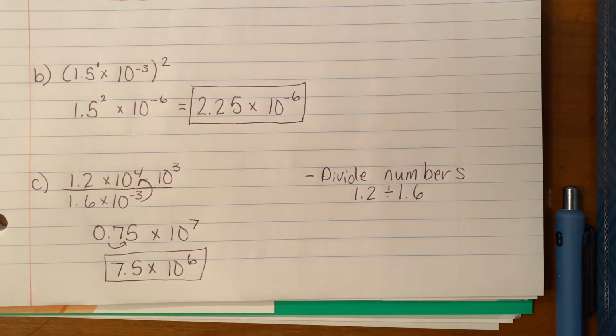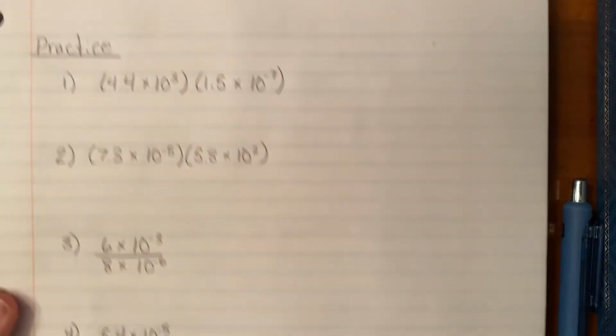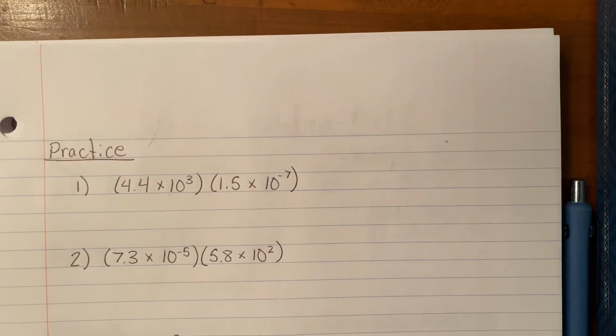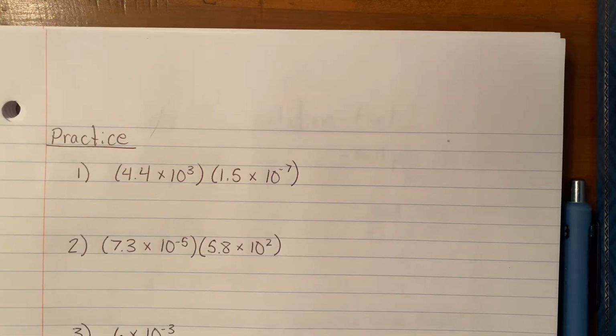Okay, I know that was a lot, so let's try a few examples. I want you to go ahead and try the first two and see what you get. Okay, you had time to try the first two.